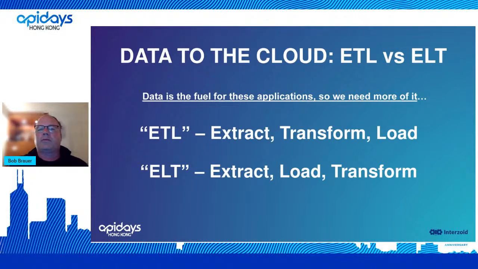And traditionally, there was a term known as ETL, which became the standard method to move data to data warehouses for analysis from operational systems. First, you would extract data from its sources, and then the IT organization would apply various rules to transform the data. That was essentially the T.